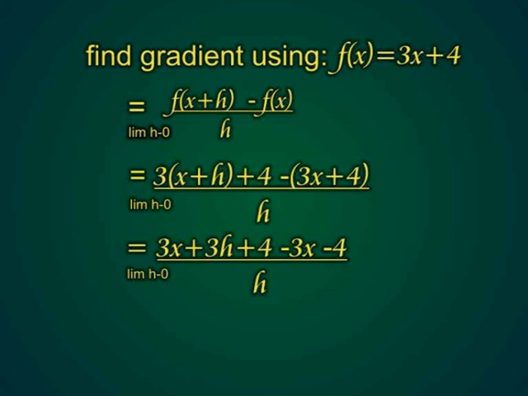And that all happens when h tends to 0, which will give us 3h over h, which will give us 3. That is the gradient of the expression 3x + 4.